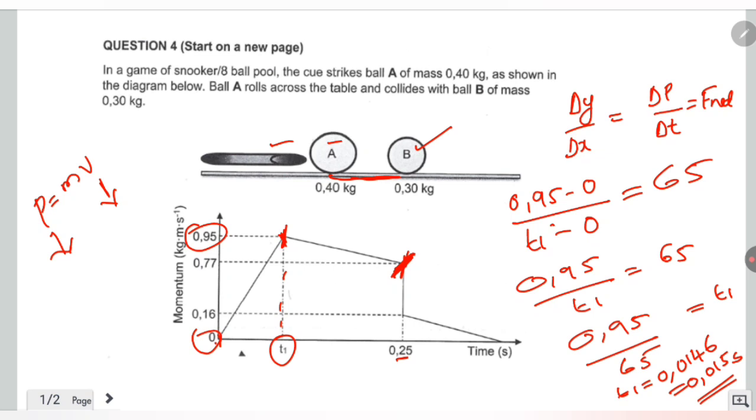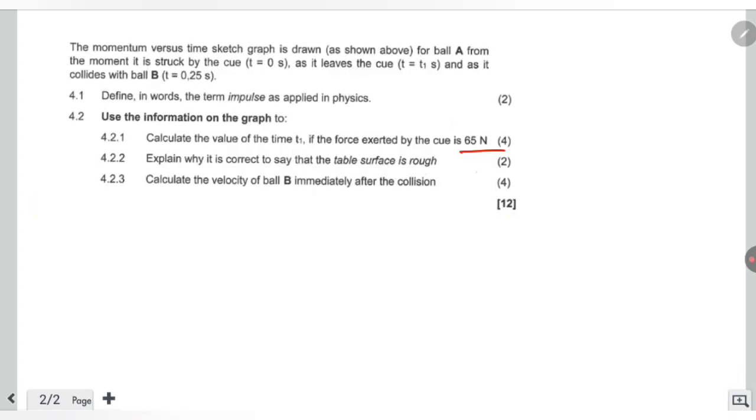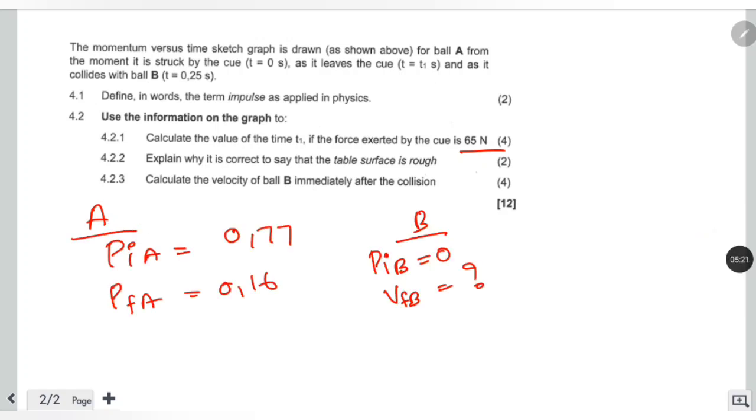This is the momentum for A. We have the initial momentum for A, which is 0,77, and after collision the momentum of A is this one, 0,16. So we have the initial and final momentum of A. These are the informations that we have.